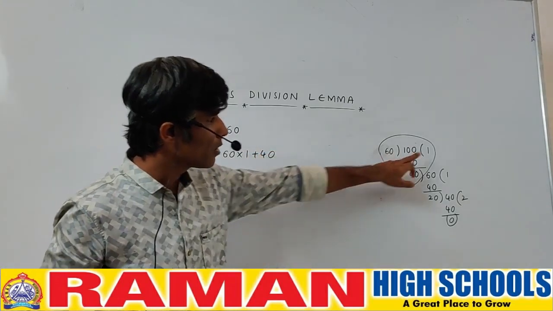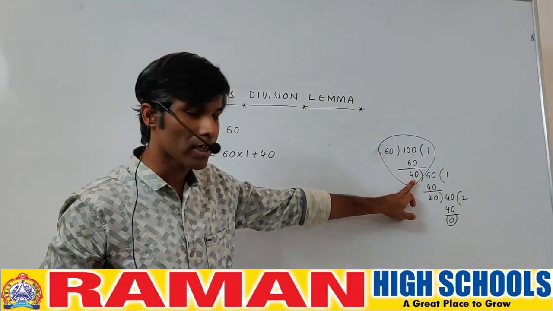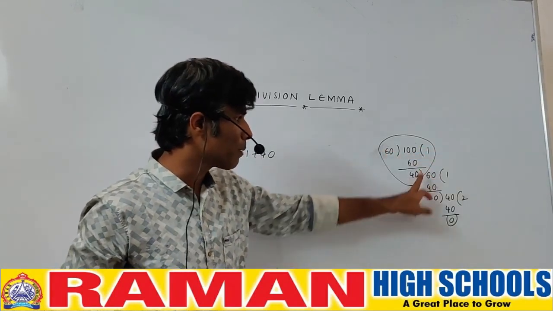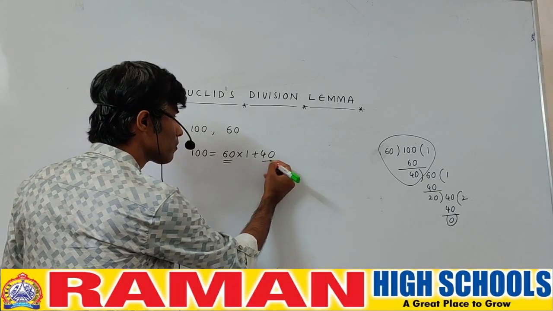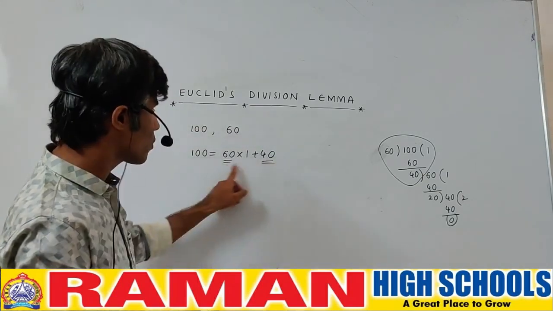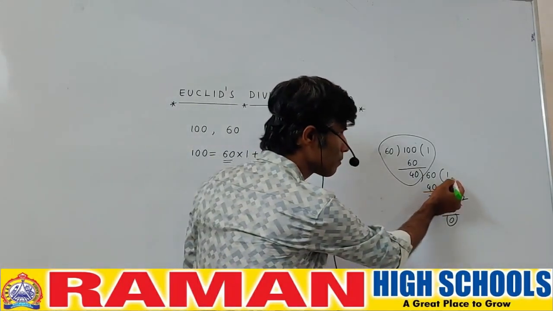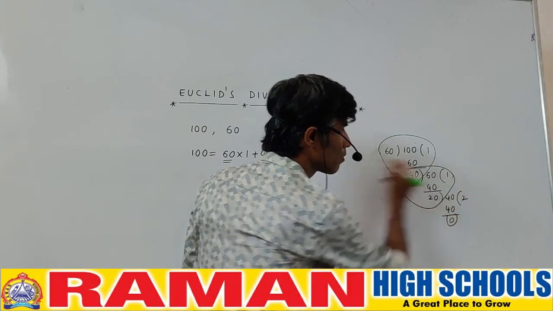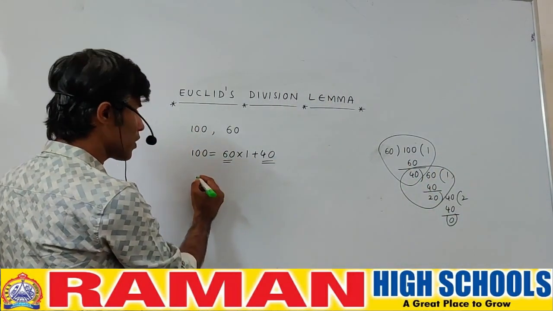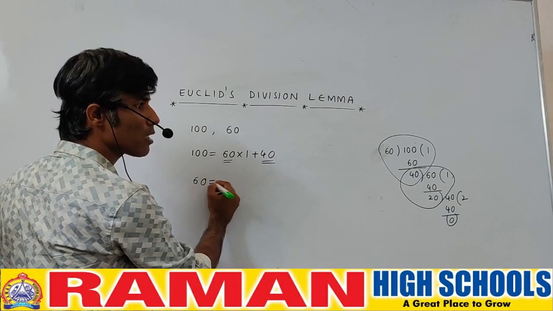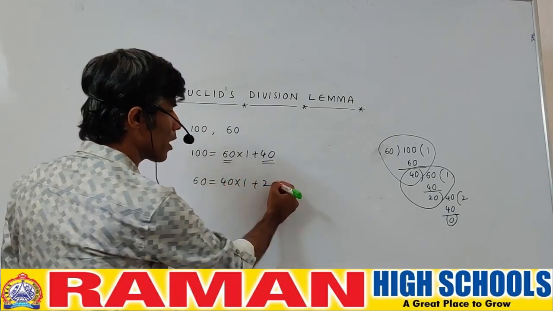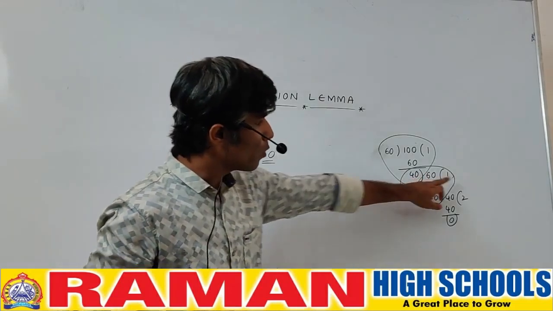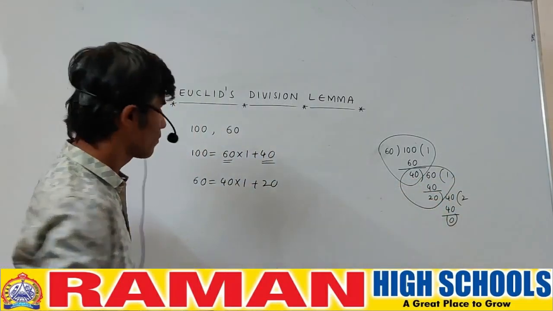Here, 60 into 1 plus 40: divisor into quotient plus remainder. Now let us take these two numbers, 60 and 40. For these two numbers we have a division here. By using the division rule, again you can write 60 equals 40 into 1 plus 20. Here 40 into 1 plus 20.